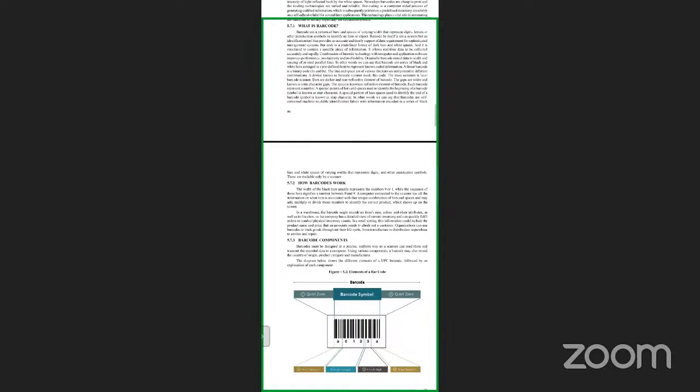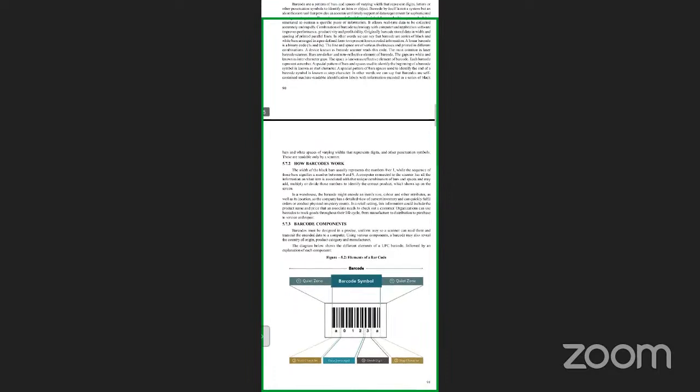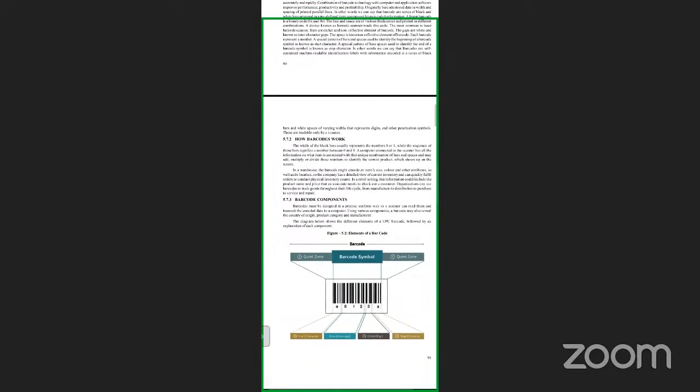If you can just look at here. So this is the start character, this is the data message, this is the digit and stop character. So this is how it is designed, and barcodes have a precise uniform way for the scanner to read that and to transmit the encoded data to the computer.